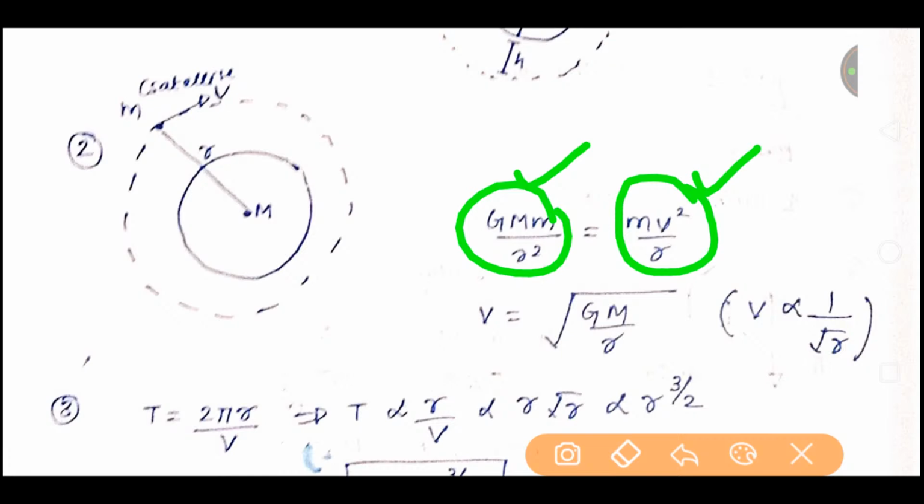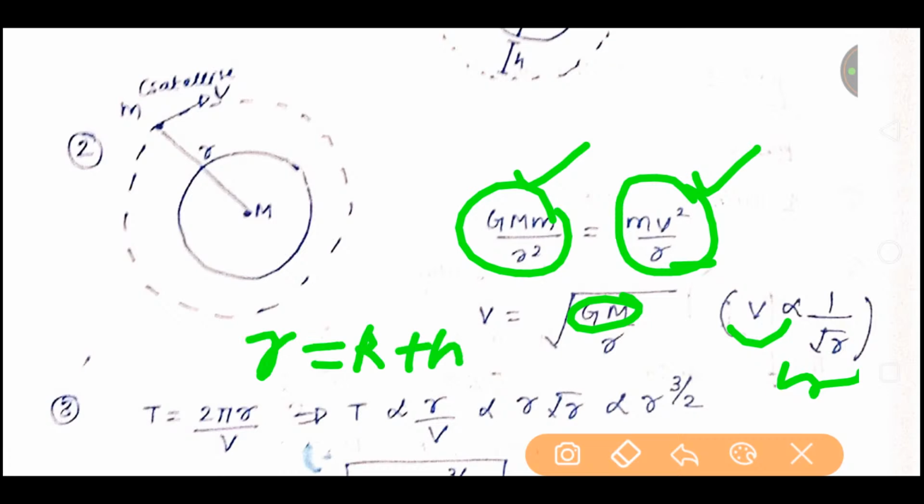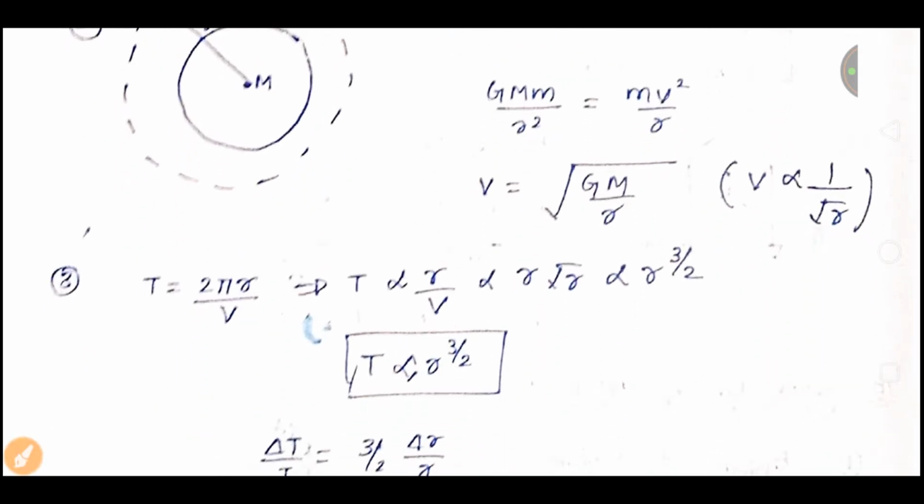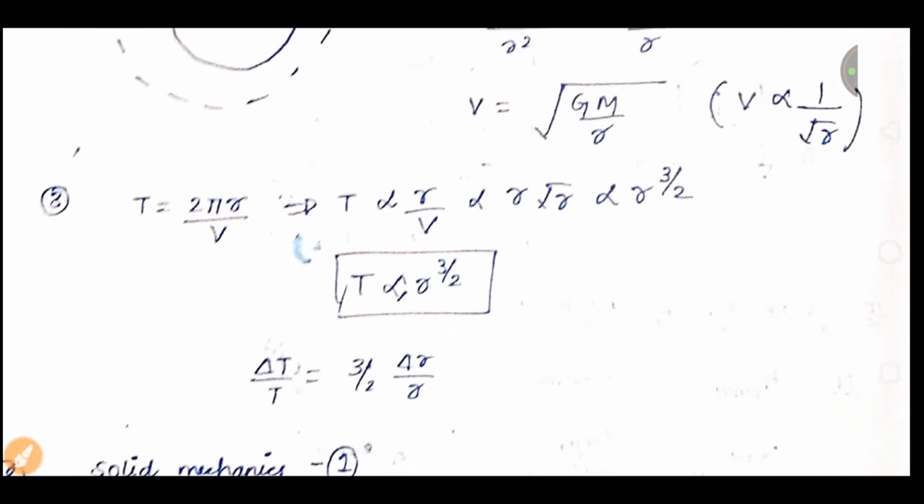From this, what can we say? GM is a constant, v is inversely proportional to the square root of the distance between the center of the earth and the satellite. This r means not the radius. This r is equal to R plus h. You should always be thorough with small r. Small r is not the radius.